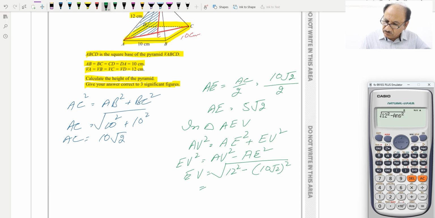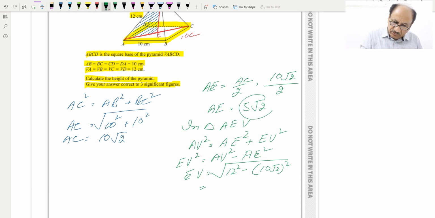There is some syntax error, so we can type here minus, and we write here square, again a math error. So AV is basically 12 square, and this should not be 10, it should be 5. Basically this is 5 under root 2, so we will write here 5 under root 2 squared.